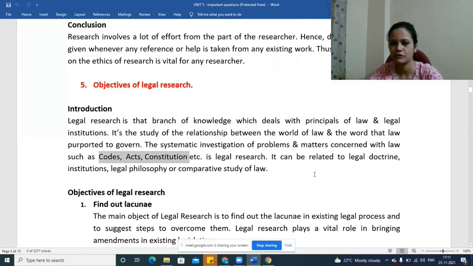What do you feel? Codes, acts, and statute. I don't know about the codes. I can say acts.